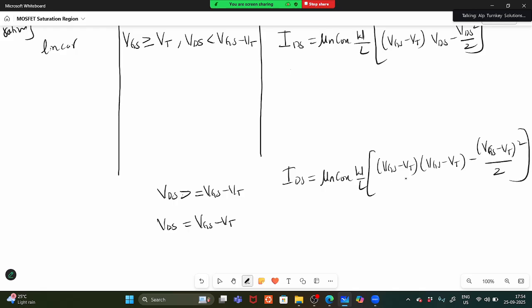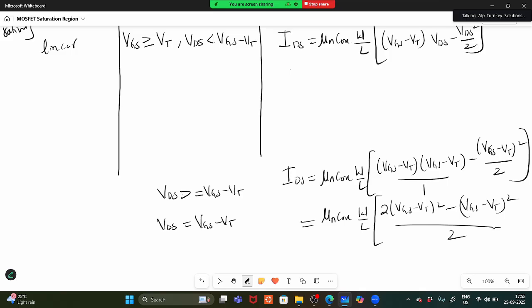If you take the LCM, you get mu n COX W by L into 2 times VGS minus VT whole square minus VGS minus VT whole square, divided by 2.